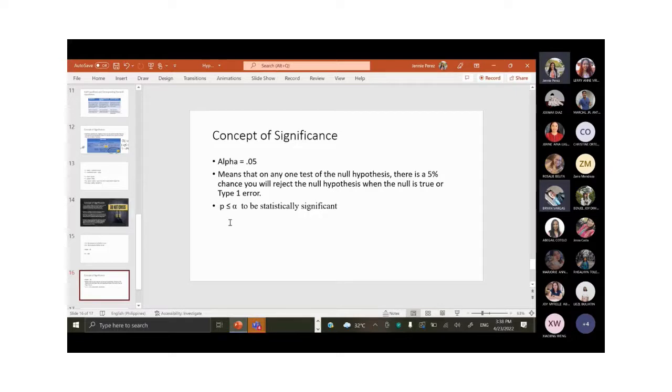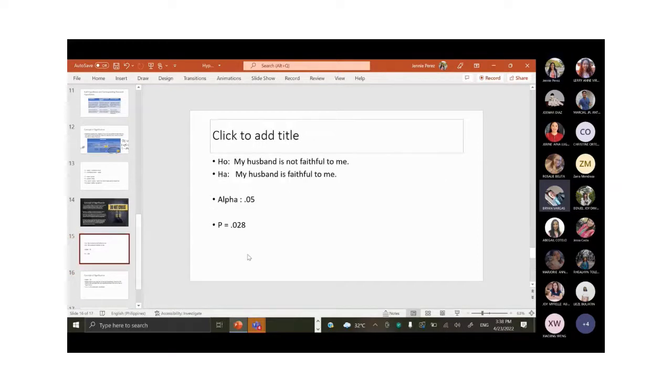For your claim to be statistically significant, the p-value should be equal to or less than the alpha level. Now, you compare your p-value with the alpha. You make a comparison. Is this p-value less than the alpha level? Is 0.028 greater than 0.05? So your p-value is less than the alpha value.